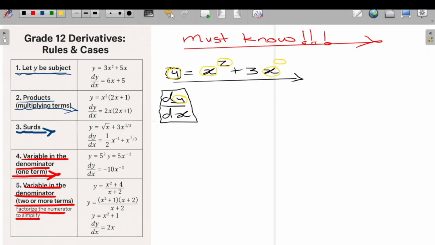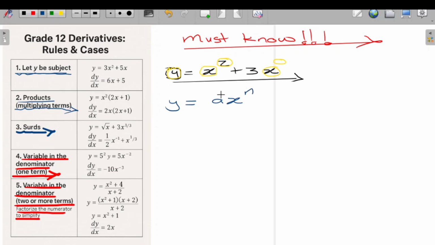Cool. So here's another thing that is a must for you to know. You need to know the power rule. Before we go any further, the power rule is when you are given y equals a times x to the power of n.